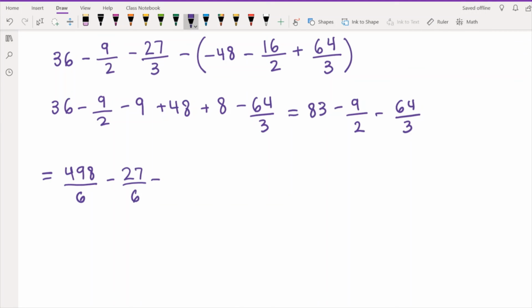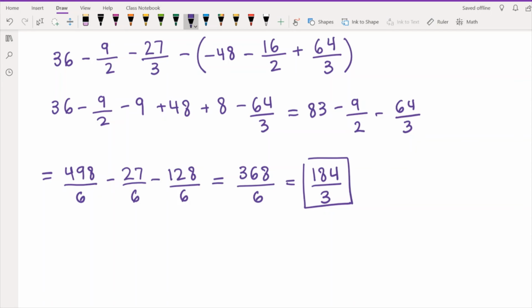And then 64, we want to multiply that by 2, so that's 128/6. And so altogether we get a total of 368/6. And that can be reduced because both are divisible by 2. So that will give us 184/3.